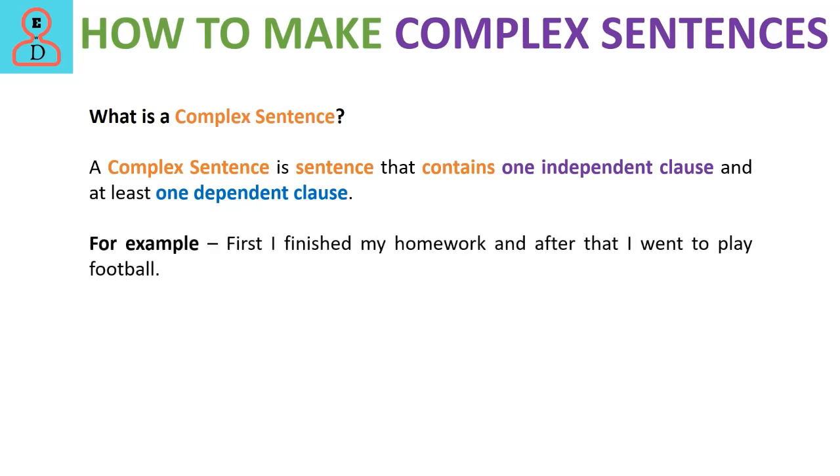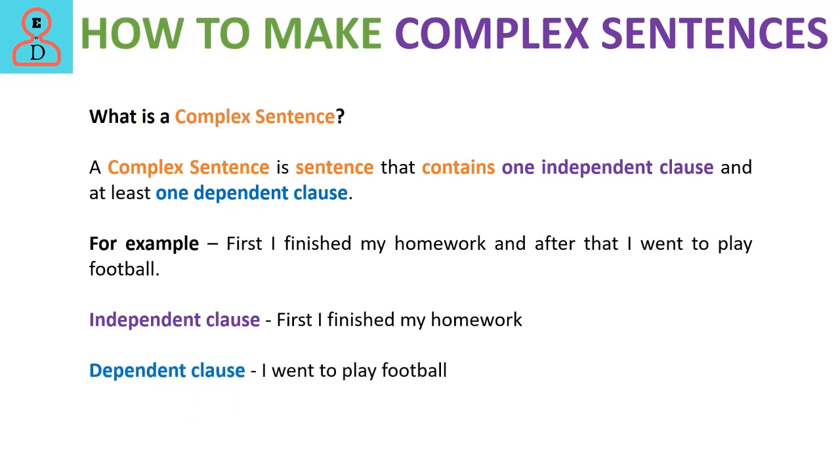In this example, finishing the homework is the independent part and going to play football is the dependent part, because the boy could only go to play football if he had finished his homework. So, completing the homework is a kind of condition which must be fulfilled for the second part to happen.